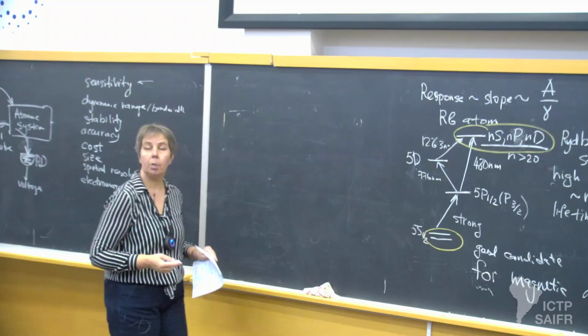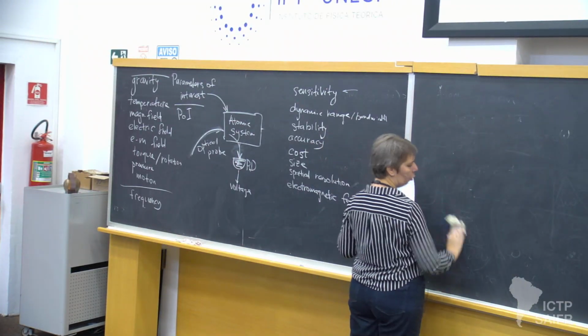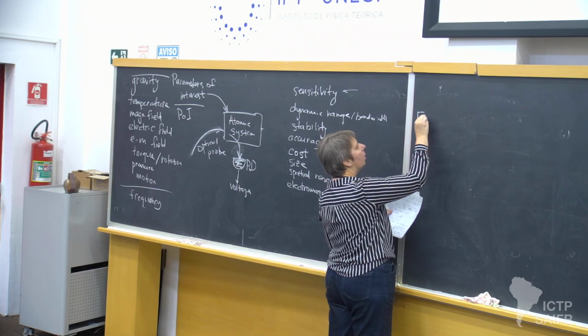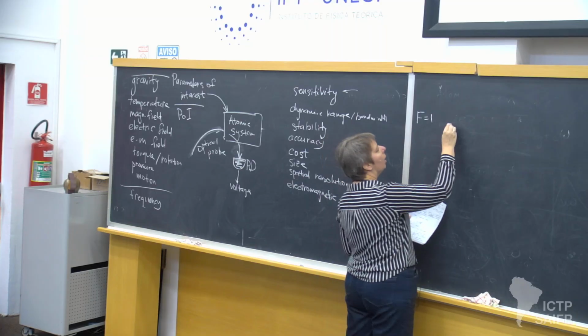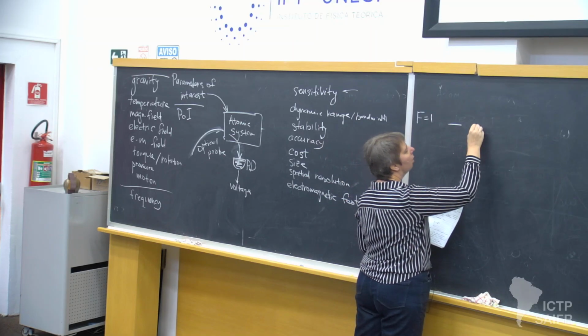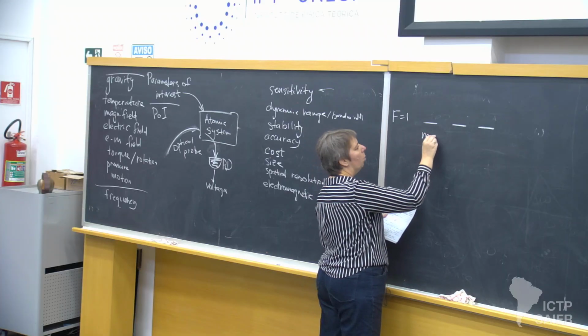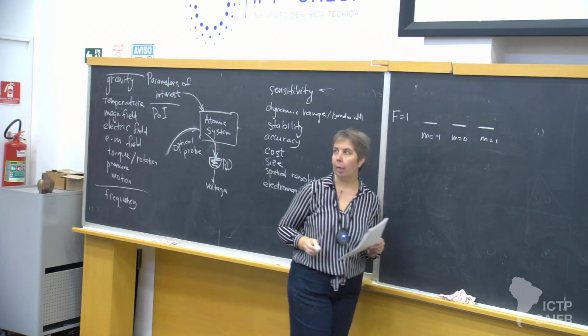So let's say we have a spin state, and I will use a simplified version of the ground state. Let's say we have something with an angular momentum of 1, just for fun. In this case, we're going to have 3 different states: m equal to -1, m equal to 0, and m equal to 1. Okay?